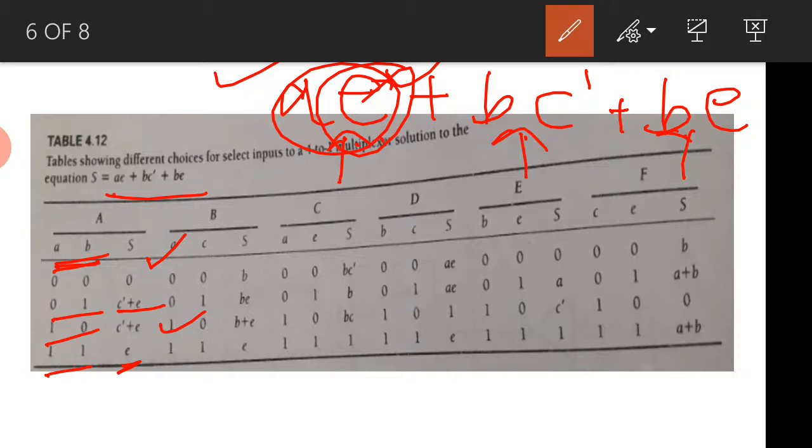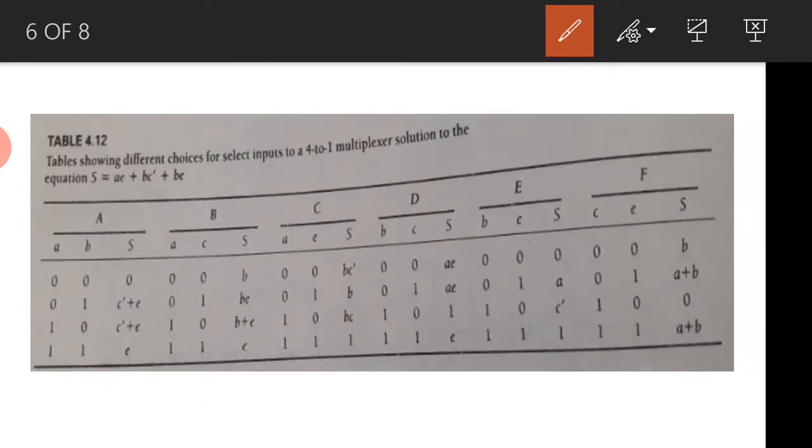If E is 0, and the C, sorry, 1 1 E, that is C bar plus E, 1 plus 0. A is 1, B is 0, this term. Actually there is a small correction. So here for 1 0 it will be E.